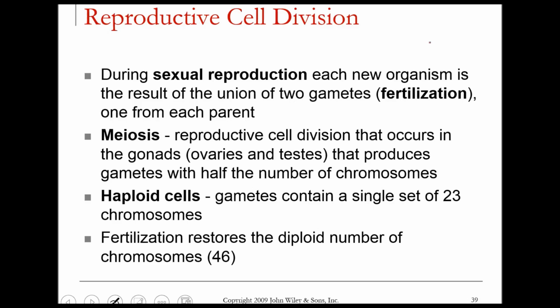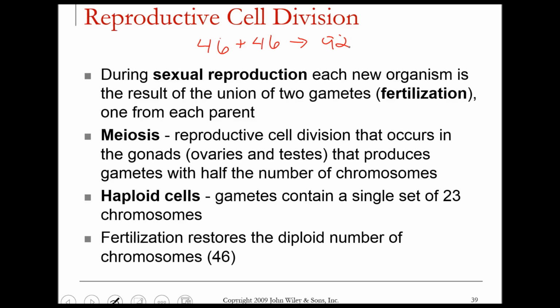The key about meiosis, however, is that we have to reduce the total number of chromosomes. If we didn't, then you would have a sperm from the father containing 46 chromosomes combining with an egg from the mother containing 46 chromosomes, and the offspring would have 92 chromosomes, and that's way too many.